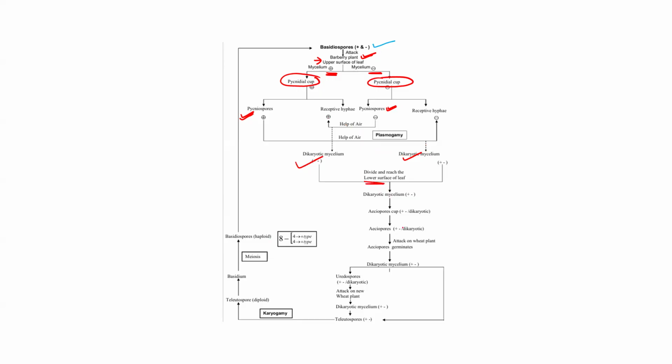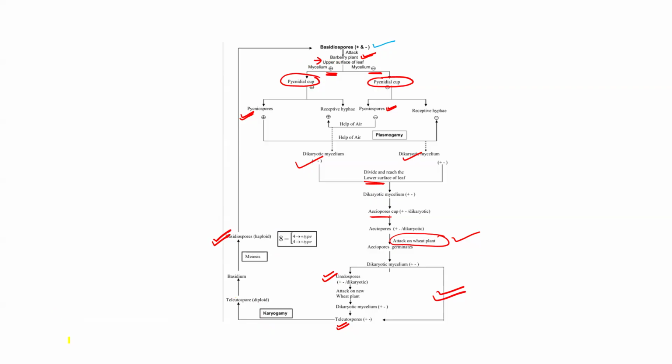On the lower surface, it is giving rise to the aeciospore, and aeciospore is infecting the wheat plant. And on the wheat plant they are producing urediospore, which is again dikaryotic, again infecting wheat. Check, the cycle keeps going on, and at a particular stage they will make teliospore, which is in the soil, which is going to make basidiospore after karyogamy and meiosis, and these basidiospores will again infect the barberry leaf.